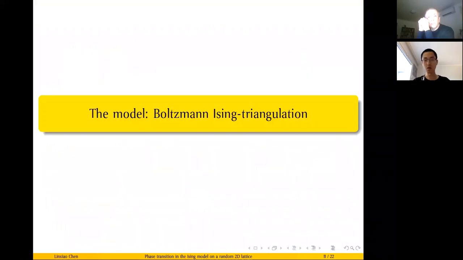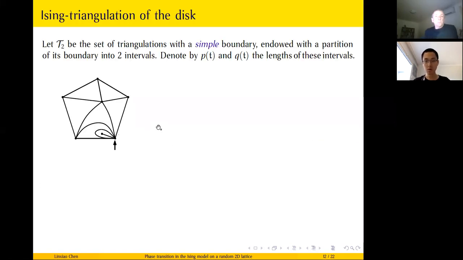Okay, so now I will get into the second part of my talk. I will start by introducing the model that I studied with Jonas in our recent work. The definition of the model starts with what we call an Ising triangulation of the disk.